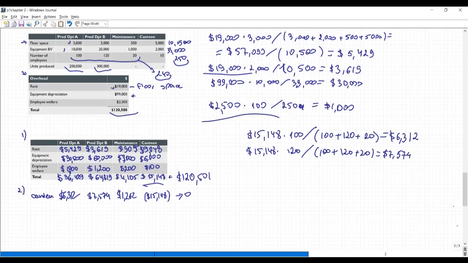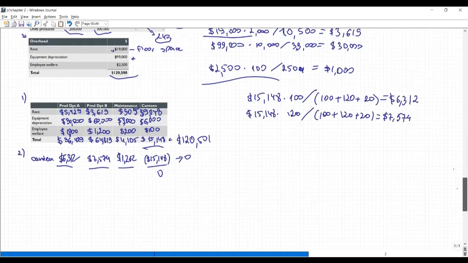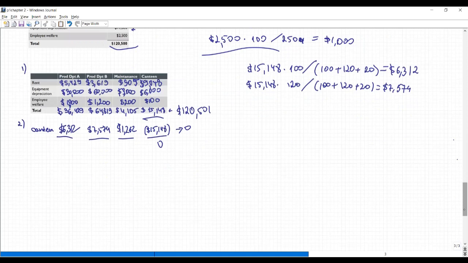And then we need to calculate the subtotal. For canteen, we do not have any overheads anymore because we reallocated them. For maintenance, our overheads are going to be calculated as the previous amount, the total of 4,105, and whatever we got from canteen.